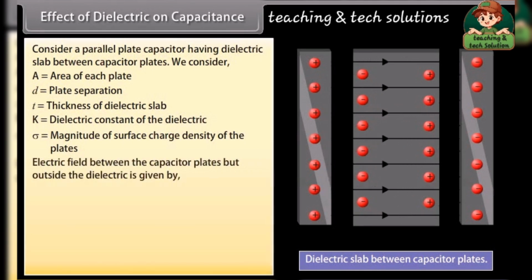Electric field between the capacitor plates but outside the dielectric is given by E naught is equal to sigma upon epsilon naught.